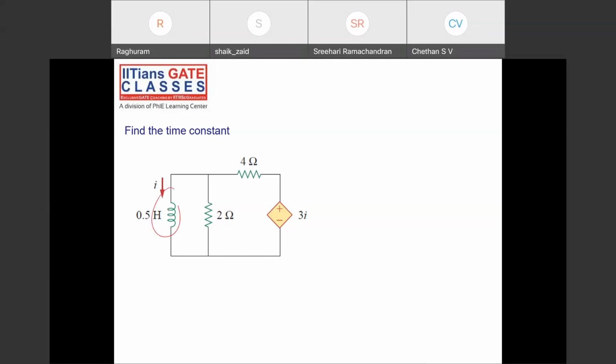See, open this and as seen from these two terminals, what is R equivalent? 4 ohms, 2 ohms, and there is a, what kind of source is this? Current dependent voltage source. What happens to the current here?